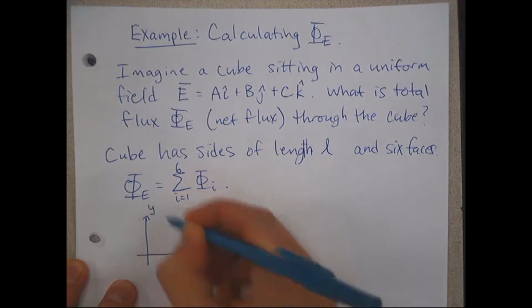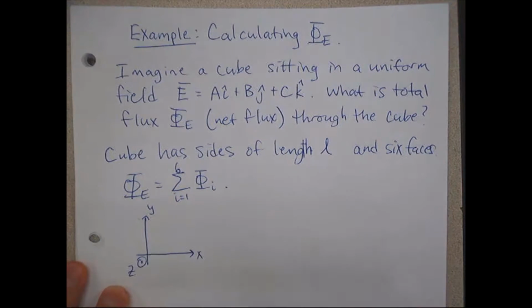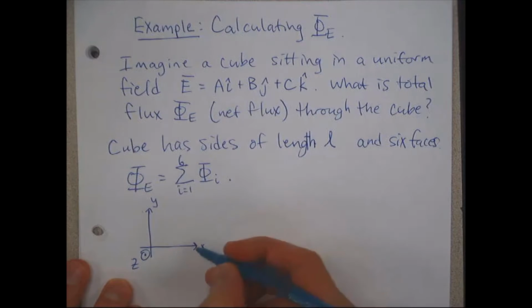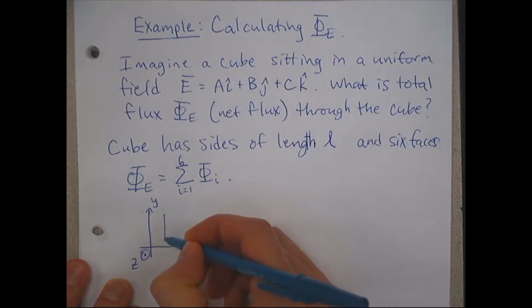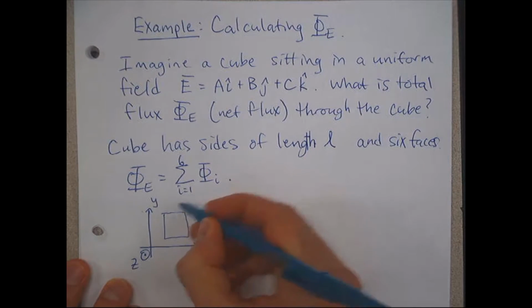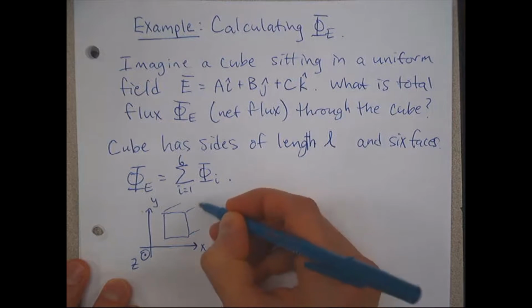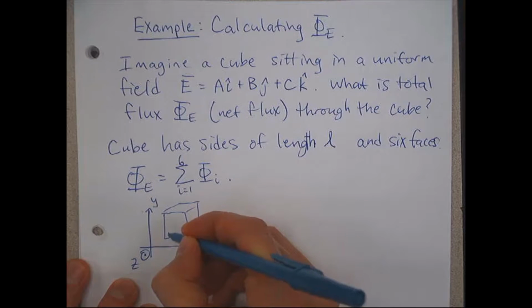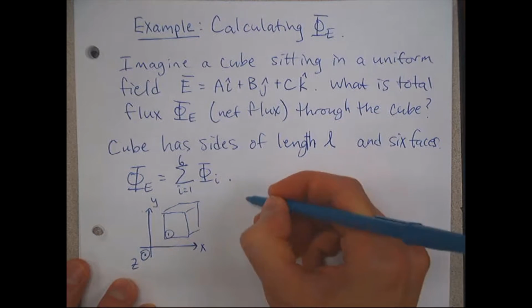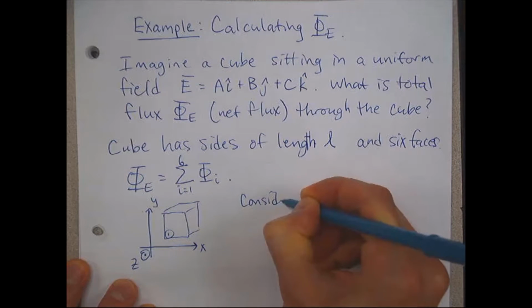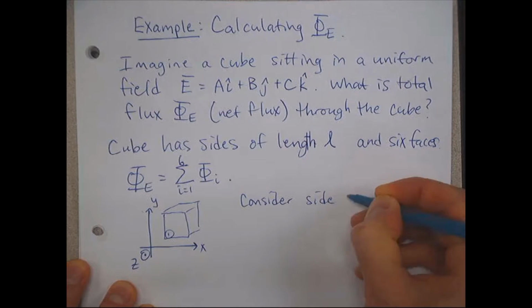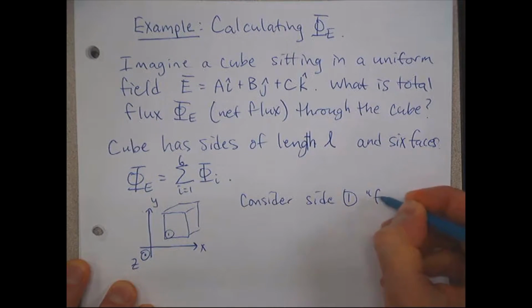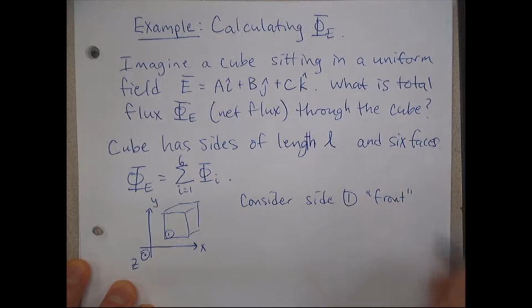So let's place the cube in a standard right-handed coordinate system. And for now, we'll just consider side 1, or the front of the cube, as we're facing it here.